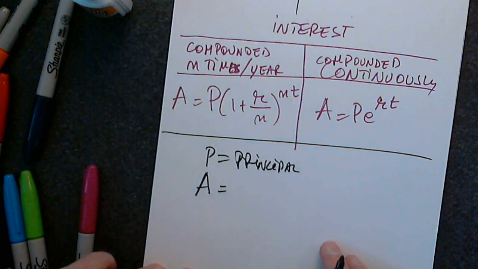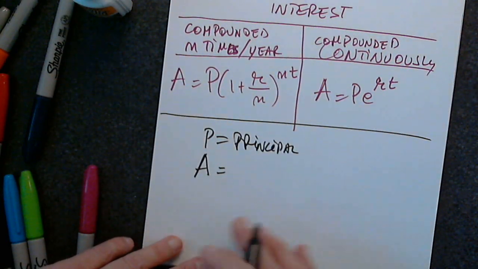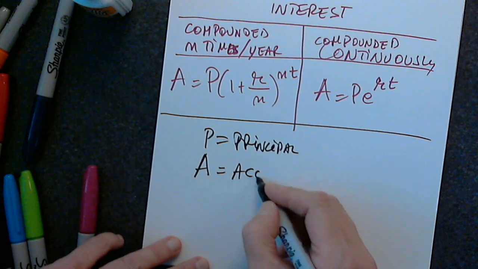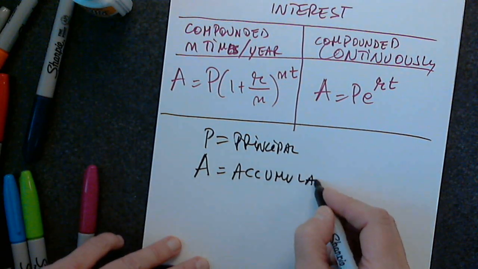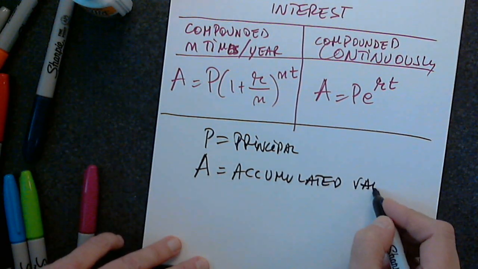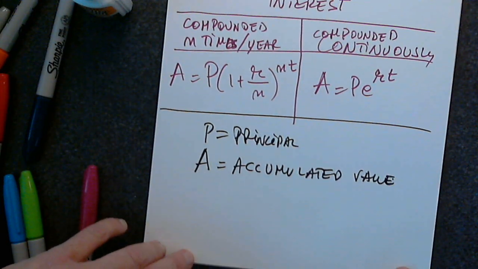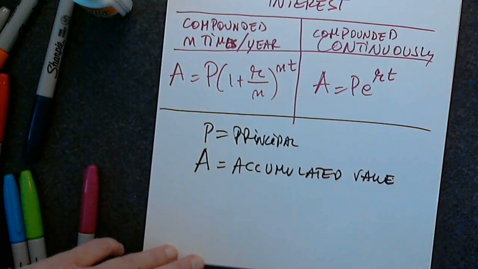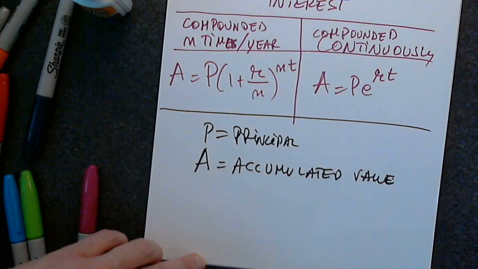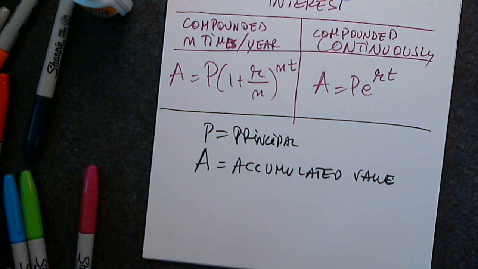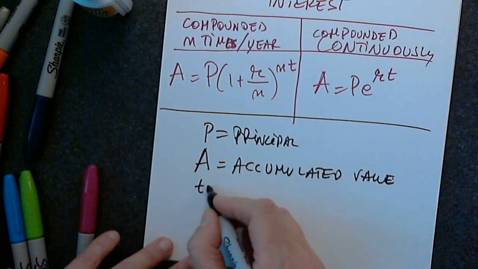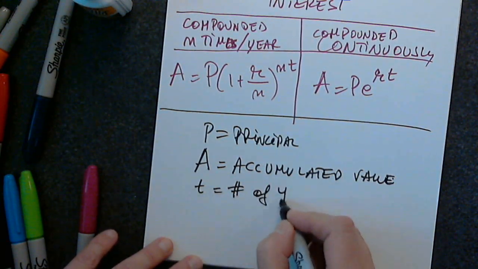Uppercase A is the accumulated value if we deposit, T number of years later. It can also be what we need to pay back when we borrow money, right? T, number of years.